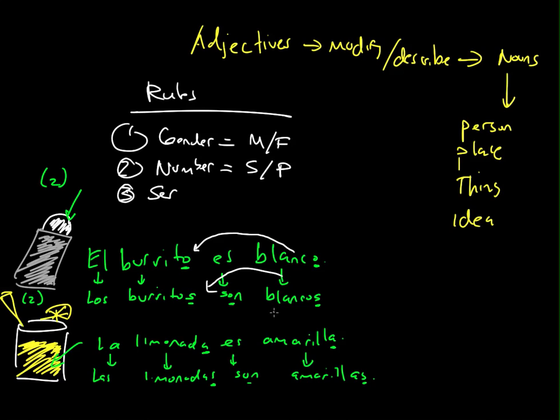So we have burrito and burritos, and amarilla, yellow, modifies the noun lemonade.